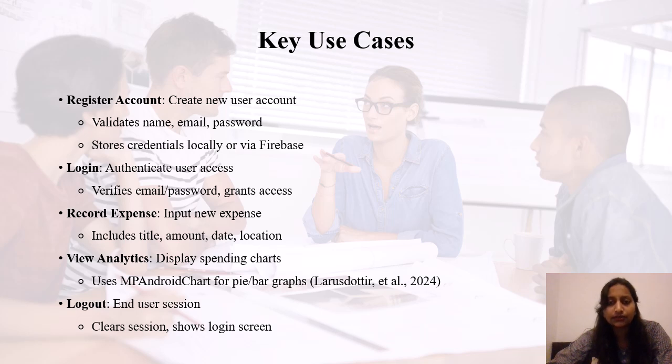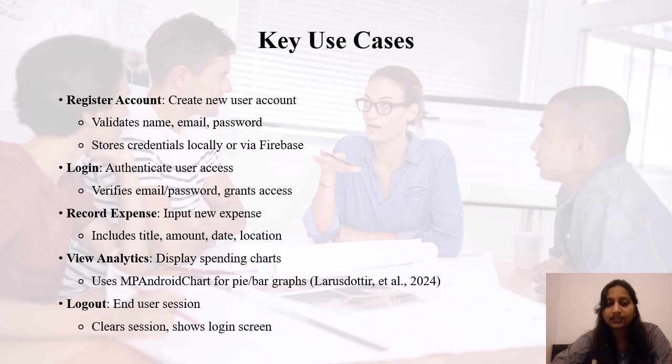In these key use cases, the PET's main use cases describe its main functionalities. Registered users can log in using their details, which are checked and saved securely. Logging in authorizes users into the service provided. The entry of expenses is easy. Users enter the title, amount, and location, with manual entry as a backup.